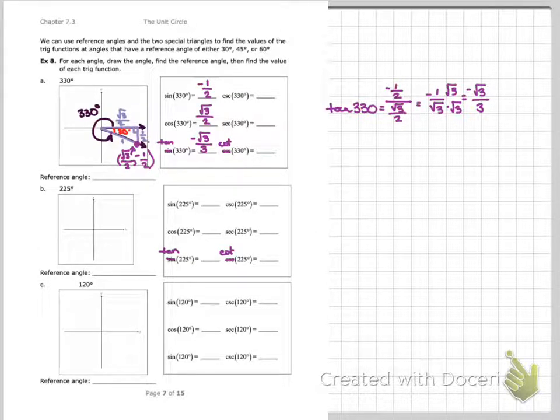Cosecant of 330, 1 over sine, so 1 over negative 1/2 gives us a negative 2. Secant of 330, I'll write that one over here, is 1 over the cosine of 330.